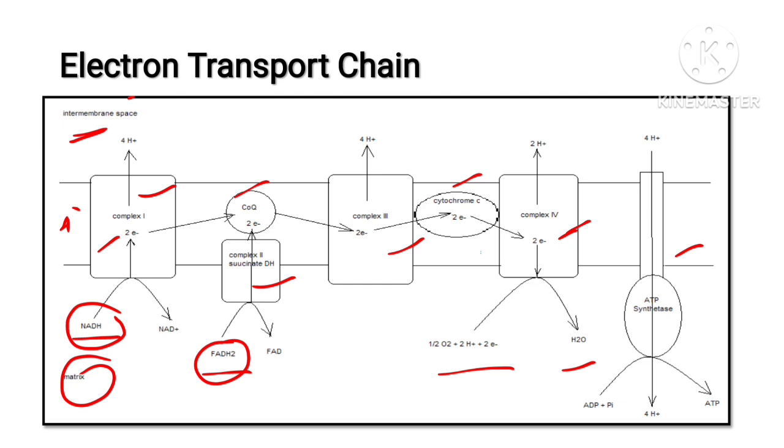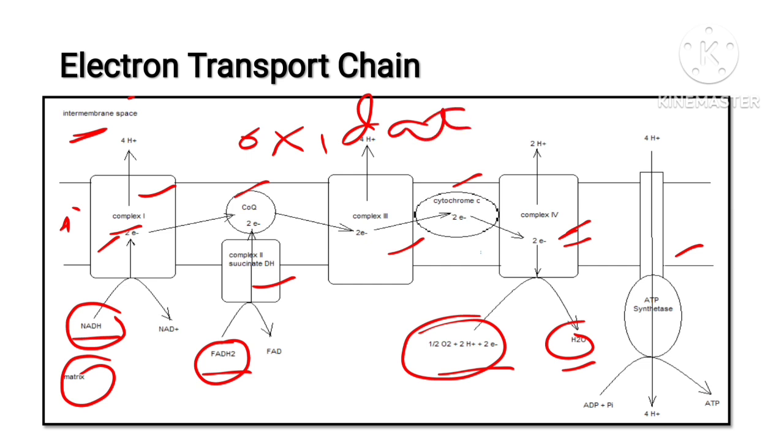This process of transfer of electrons from one complex to another, ultimately to complex 4, where they are donated to oxygen to become water, is called oxidation.